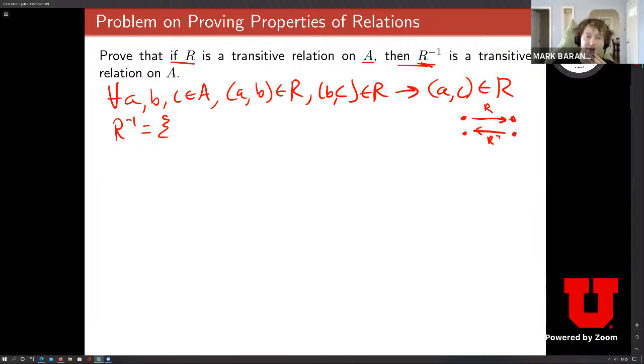So this is equal to the set of AB in A product A, such that BA is in R. So that's the definition of inverse. And I'll give you, I think, 3 minutes to work on this.